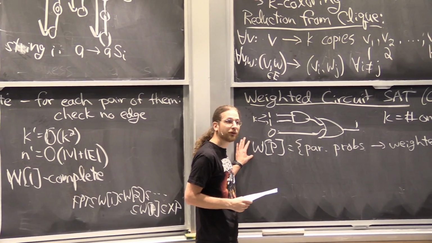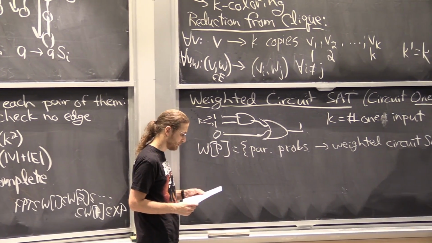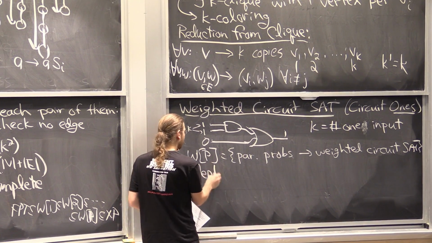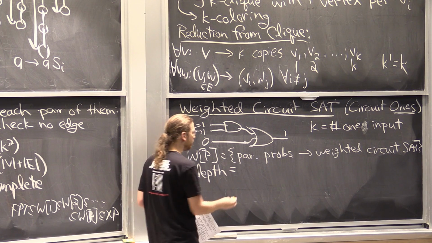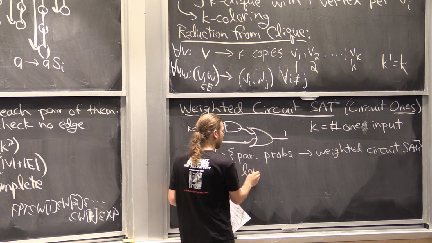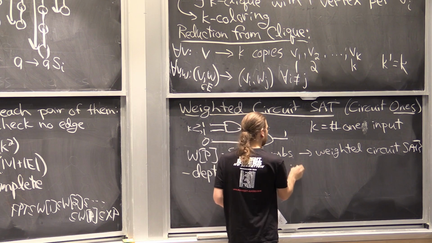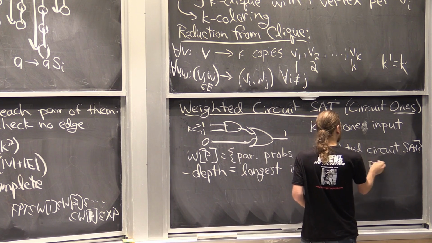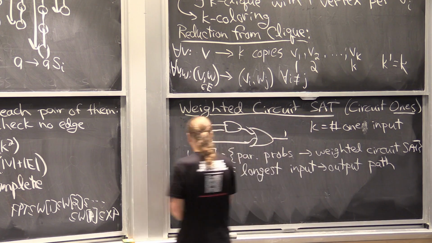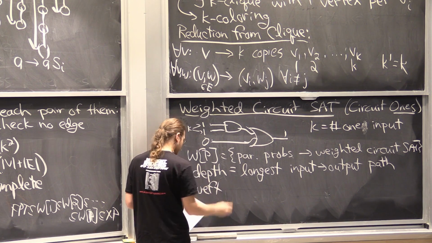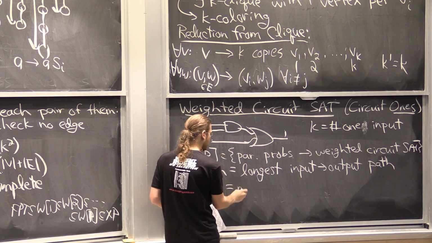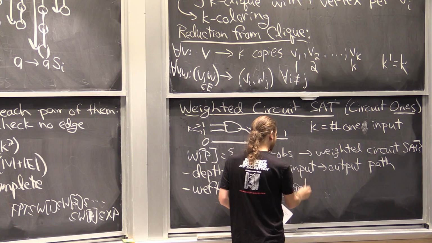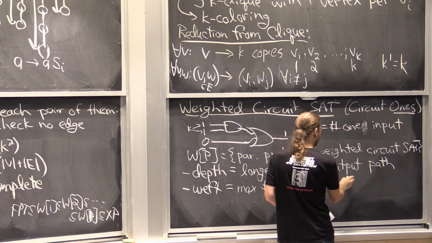Now, I want to specialize this problem. I'm going to simplify it using a notion called weft. So first, depth of a circuit. This is the longest path. That's a normal notion. Then the weft of a circuit is the maximum number of big gates on an input to output path.